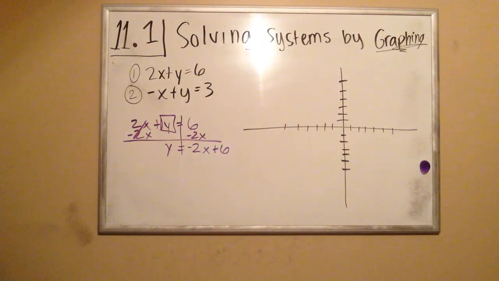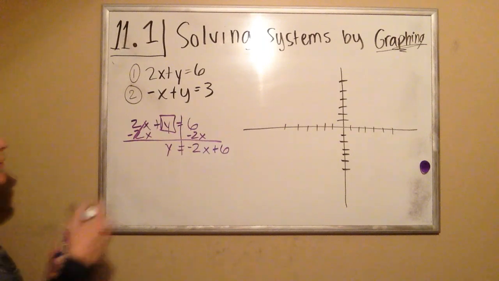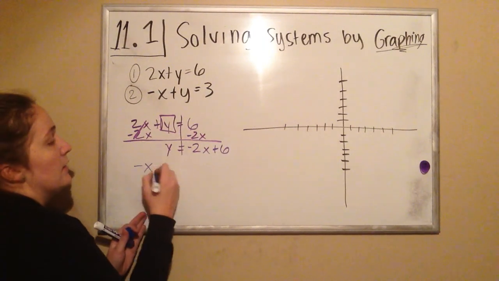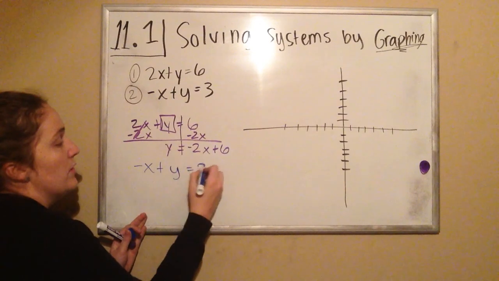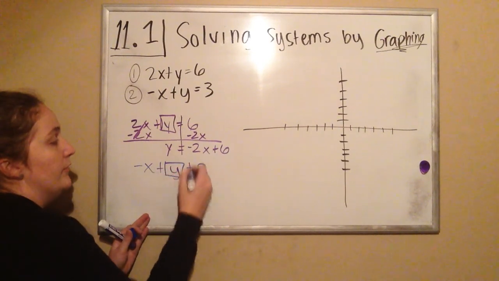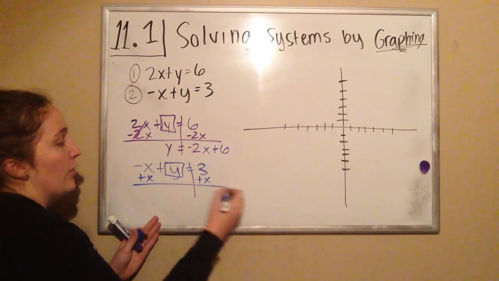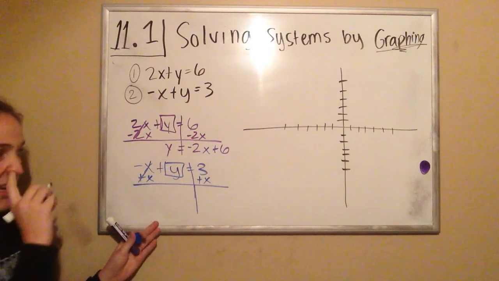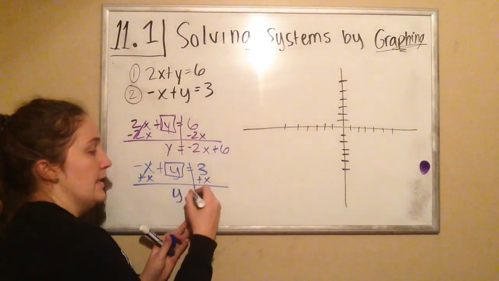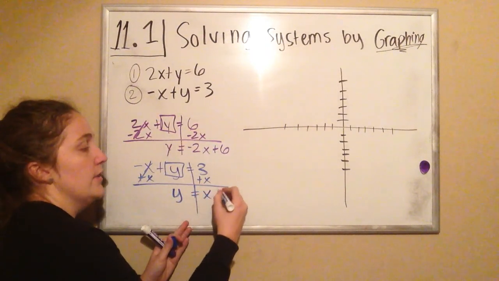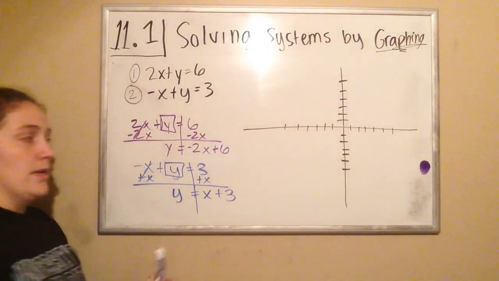The next one, we get negative x plus y is equal to 3. We want the y by itself, which means we are going to add the x to both sides. The 3 and the x are not like terms, so they cannot be combined. We get y is equal to, the x is listed first, x plus 3.